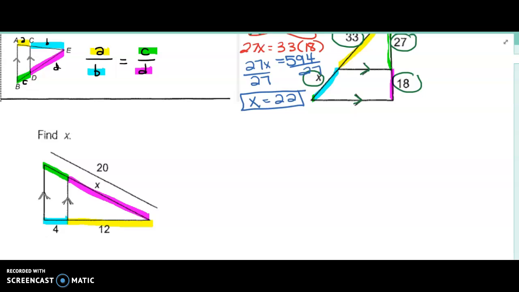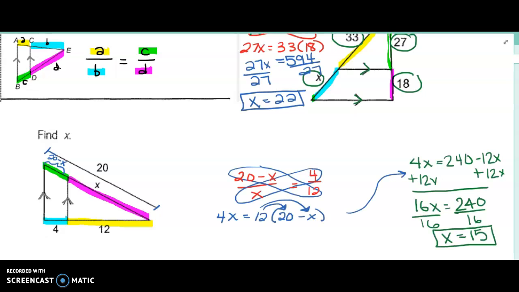Now one thing I want to go over before I let you figure it out is if this whole thing is 20, and this purple piece is X, this piece right here has to be 20 minus X. Now you have what you should need to set up a proportion and solve. So go ahead, set up a proportion and solve, and then we'll go over it.